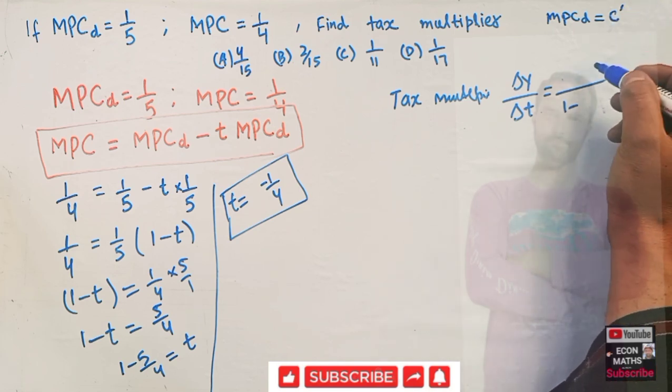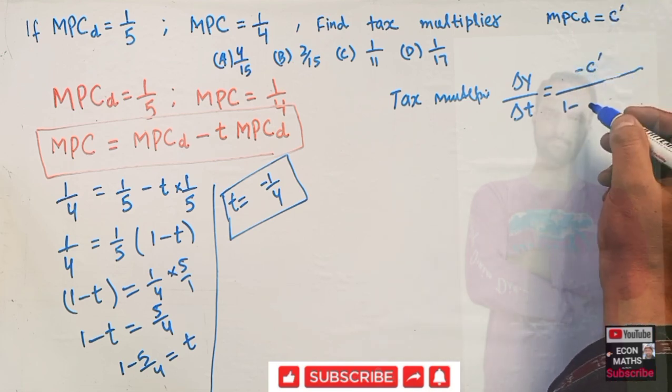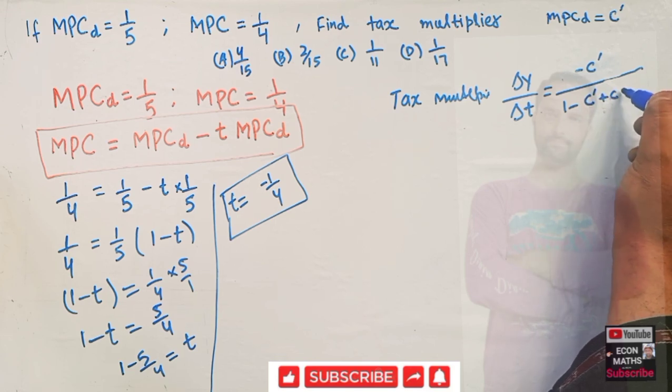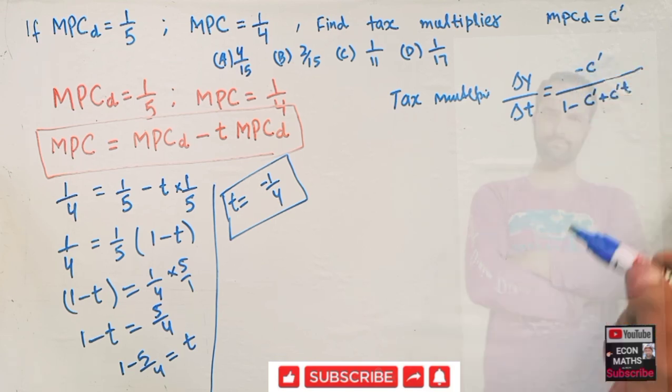So I can write it like this: minus C dash upon 1 minus C dash plus C dash T. Okay, this is the formula for tax multiplier.